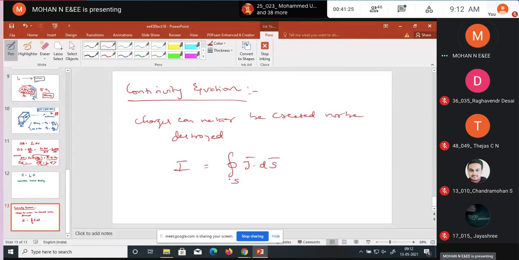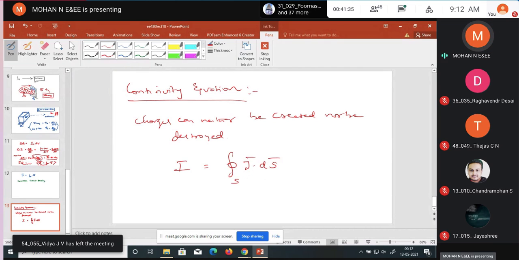That means current is flowing outwards from the closed surface. Current is nothing but the flow of positive charges, and hence it is the outward flow of positive charges from the closed surface. So according to the principle of conservation of charge, there should be an equal amount of decrement in positive charge inside the closed surface.